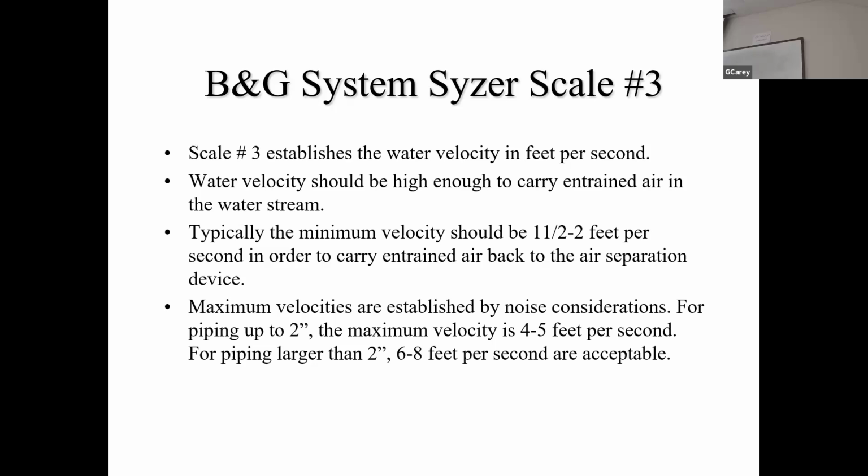And so basically we're saying, hey, the water velocity should be high enough, but not too high. High enough to carry any kind of entrained air in the system. We want to get that air out of the system and bring it back to the boiler room, where we can heat it, pass it through air separation, and eliminate it.